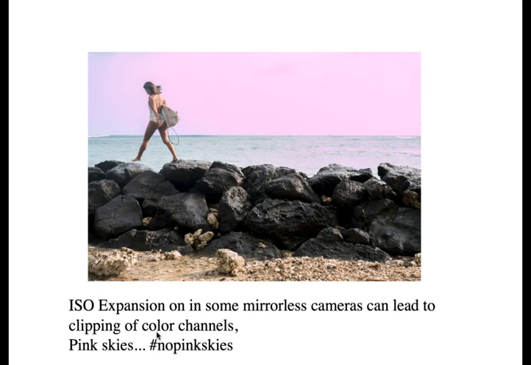So the sky went pink. And this was an issue to definitely be aware of. Obviously, no pink skies. That's not natural. It doesn't look good. So the rule is just leave the ISO inherent to what it is. Don't turn the expansion on. Work within your means. And then another way around this is to turn it black and white. But shh, don't worry about that.